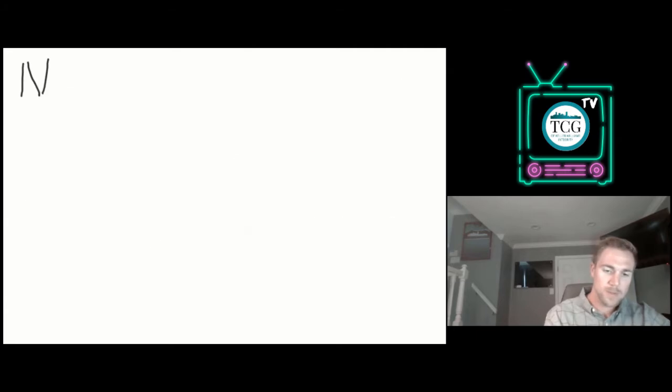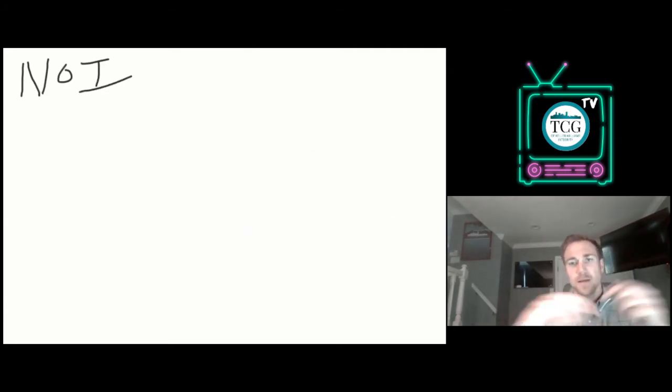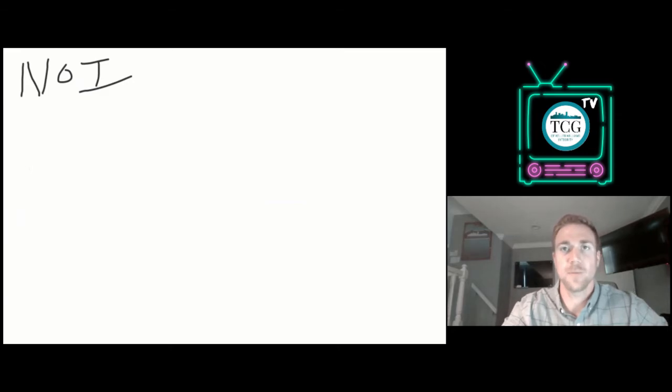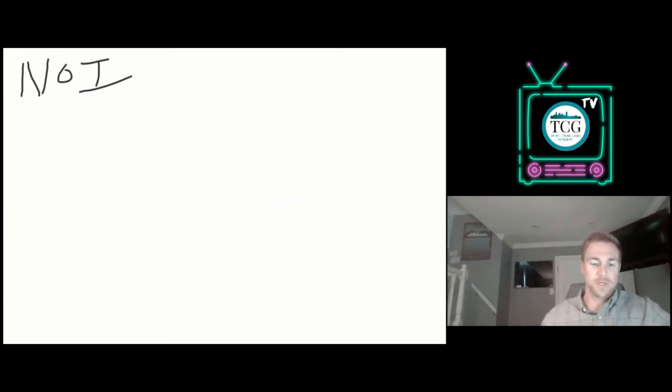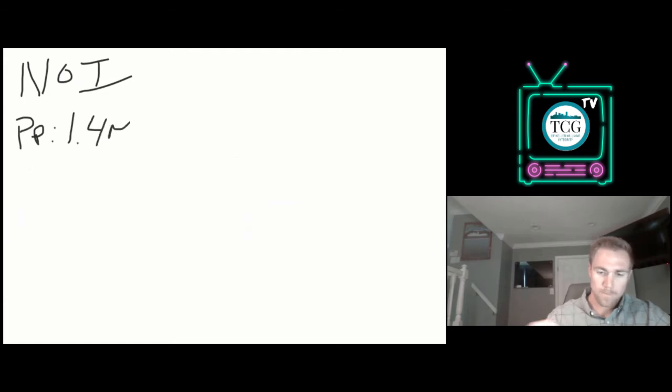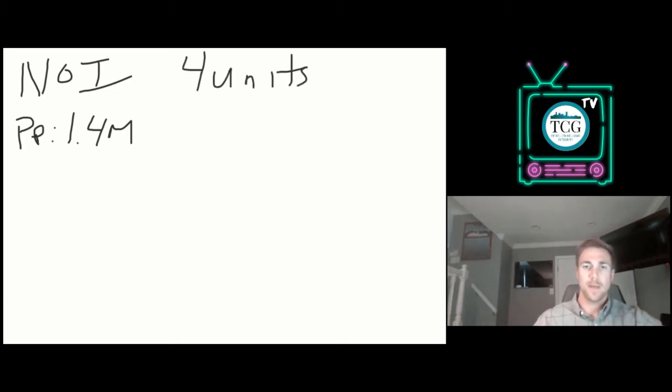Okay. So I'm going to use a deal we had in particular, which was a 4-unit retail deal that we did a few months ago. The purchase price was $1.4 million. So we take together all the rents out of all 4 units, and the rental income total was $190K.